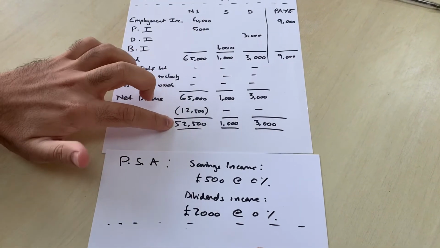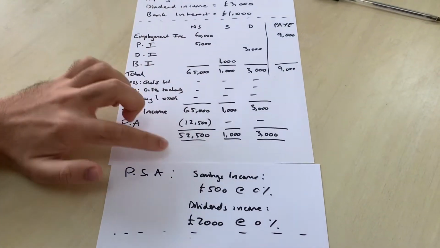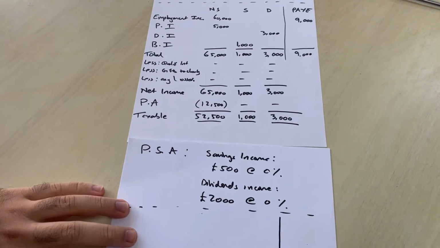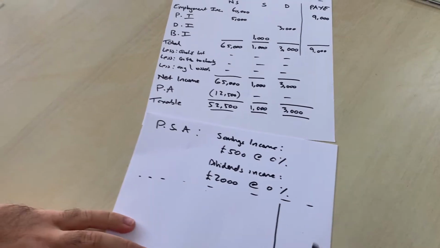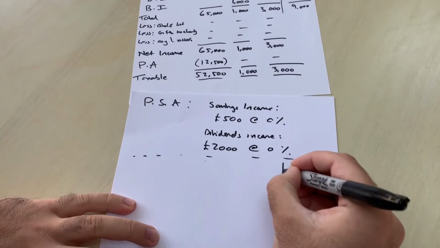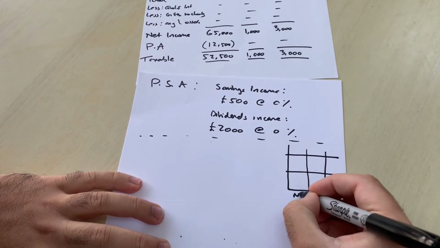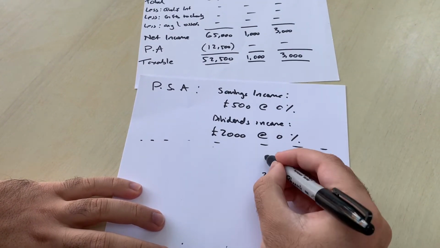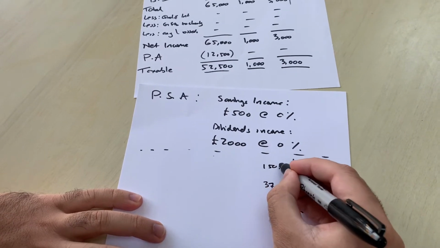So bearing that in mind, let's look at our example. 52,500 of non-savings income is taxable, and if you remember from my video, we could just do a little graph here. We have non-savings, savings, and dividends. This is 37,500, and this is 150,000.